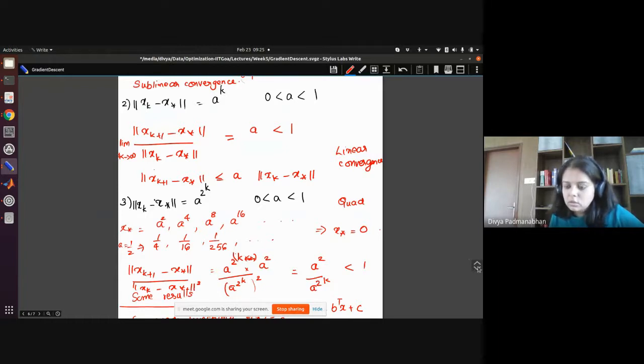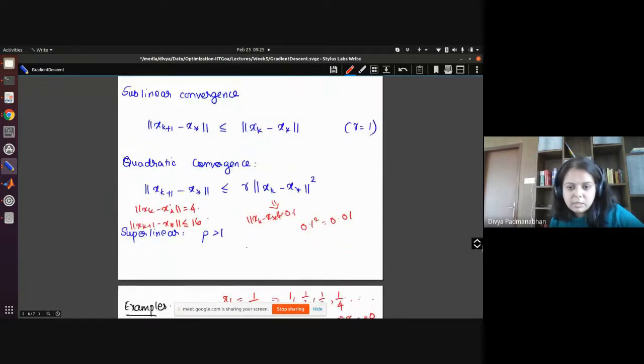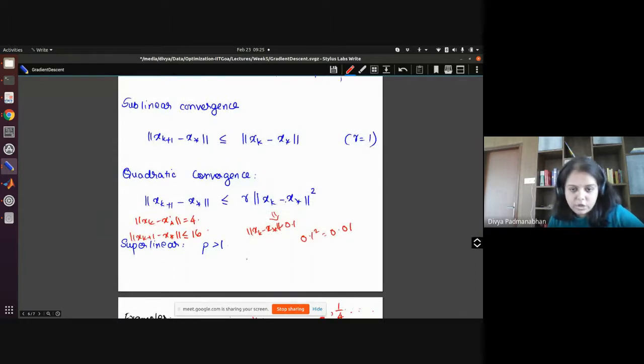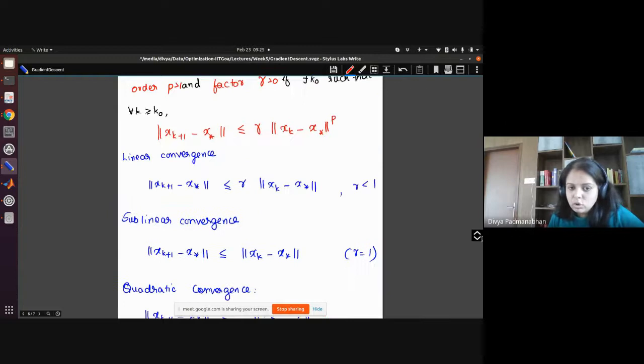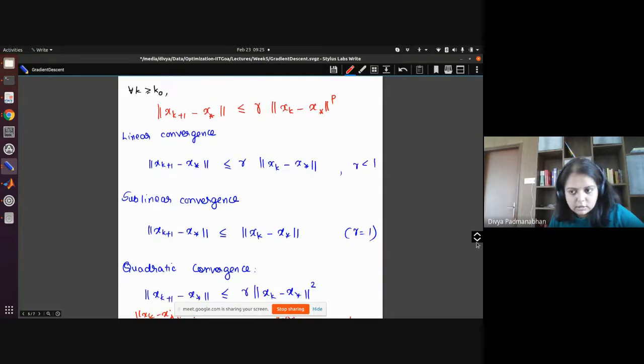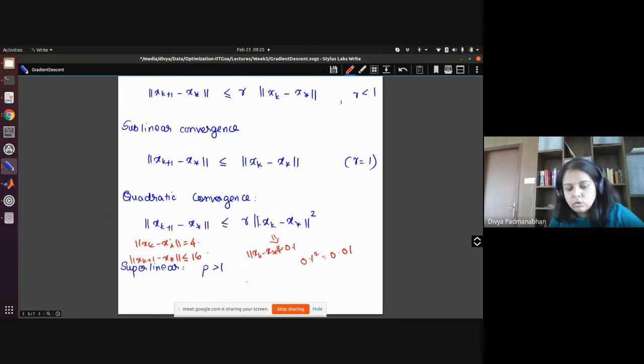One thing you should remember is, if something satisfies quadratic convergence, it is also going to satisfy linear convergence. Because of the square term, and these values are typically going to be very small, like 0.1, 0.01, because you're looking later in the sequence, the squared term is going to be less than xk minus x star.